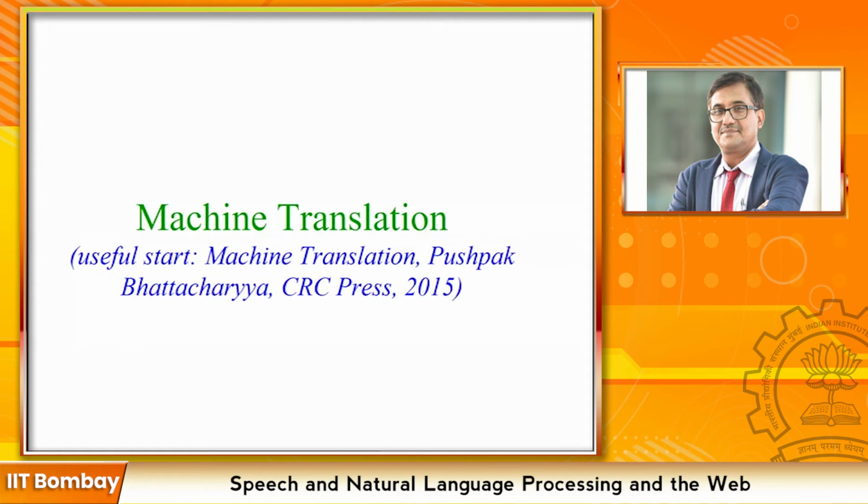The book doesn't cover neural machine translation. It was written and published in 2015, before neural machine translation became such a hot topic. But there is work going on. I'm working on another edition of the book, where neural methods, of course, will have to be treated.